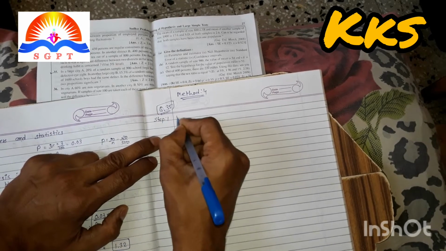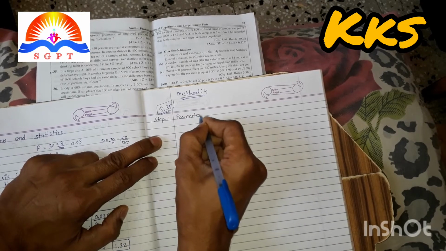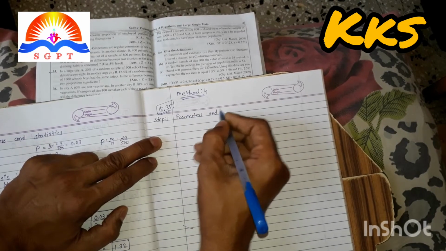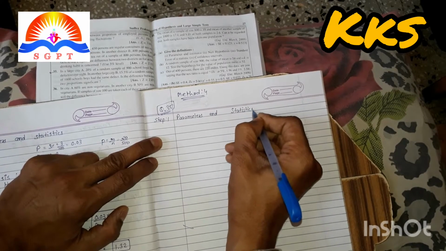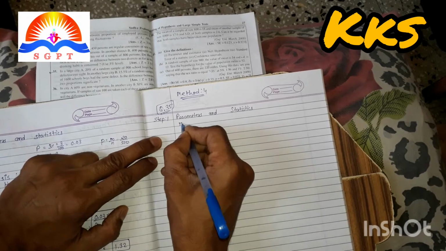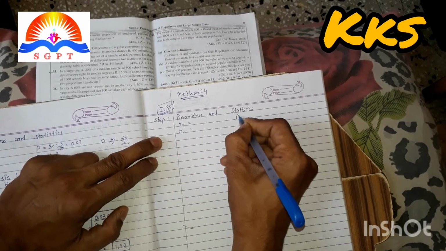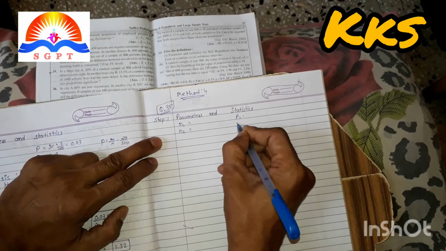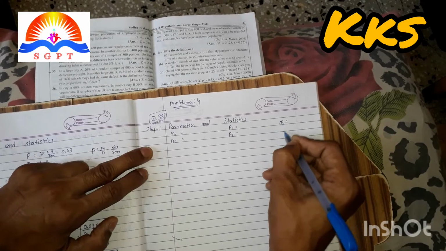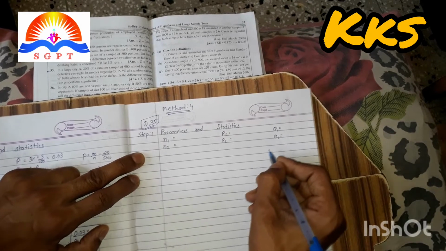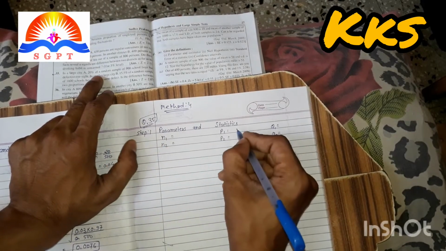Step 1: parameters and statistics. Here n1 is given, n2 is given, p1 is given, p2 is given, then q1 and q2 we will find.